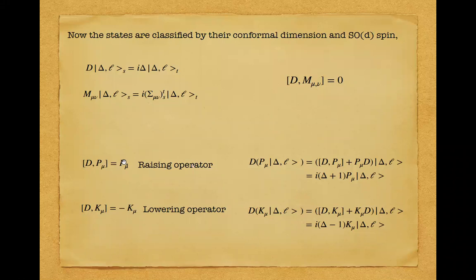Could I ask a question as well? In the first operator equation, you have written down D on the state gives us i delta, the eigenvalue is delta. In the second equation, we have the sigma mu nu. Yesterday in Parthiv's lecture, we also saw the operator representation at the origin were also delta and sigma mu nu.